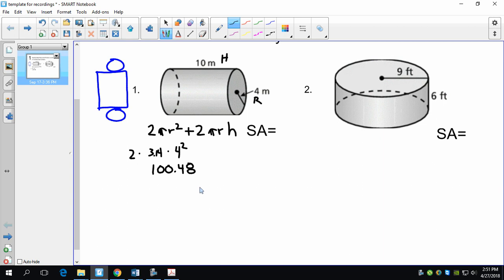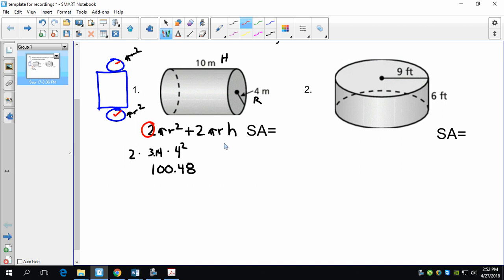Now, basically what I've done is I have just done the area of a circle, pi r squared, and this area of the circle, pi r squared. And that's why I have that 2 there, because I've done 2 of those circles. So 2 pi r squared gives me the area of my 2 circles. So that circle's done, that circle's done, because combined it's 100.48.